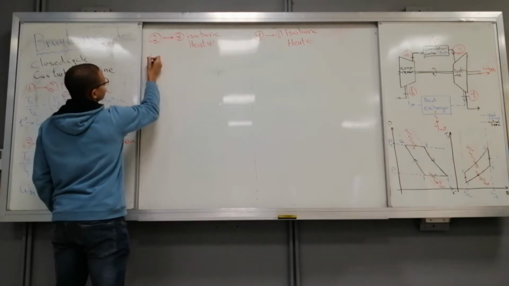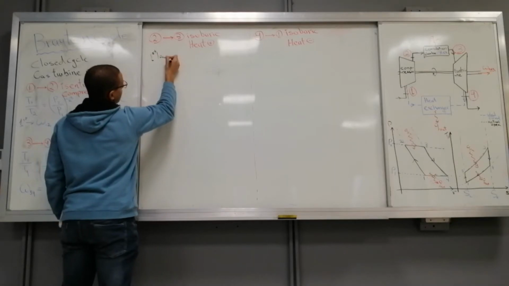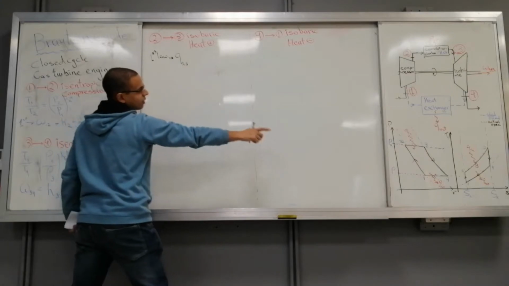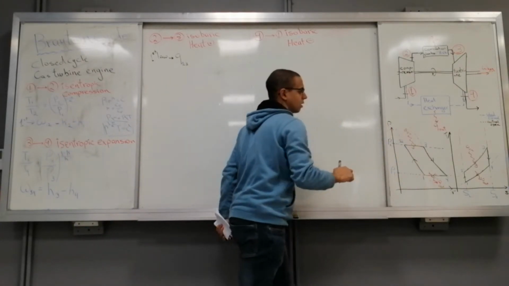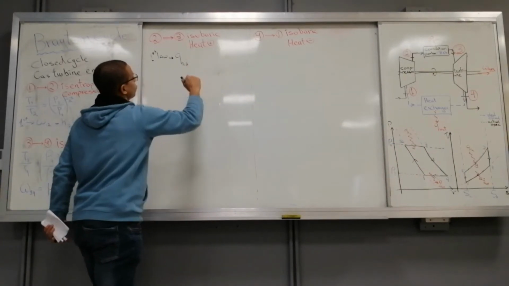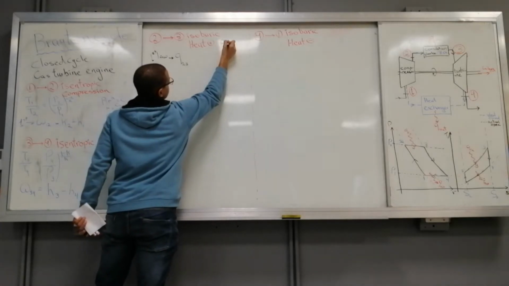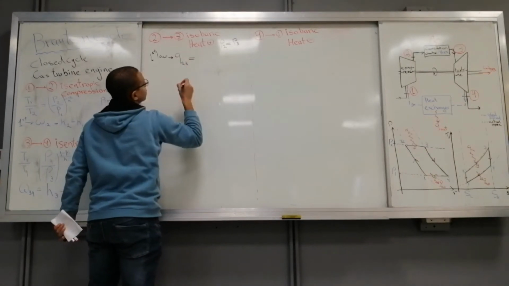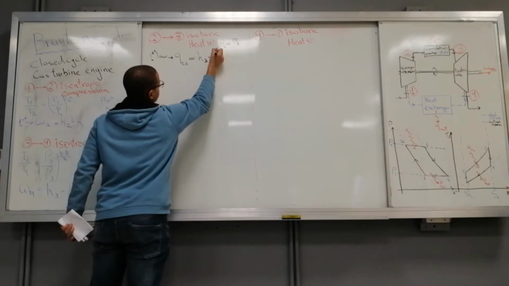So applying the first law, we get that Q23, the heat added during the process between 2 and 3 at the same pressure, it's an isobaric process, so P2 equals P3, equals H3 minus H2.